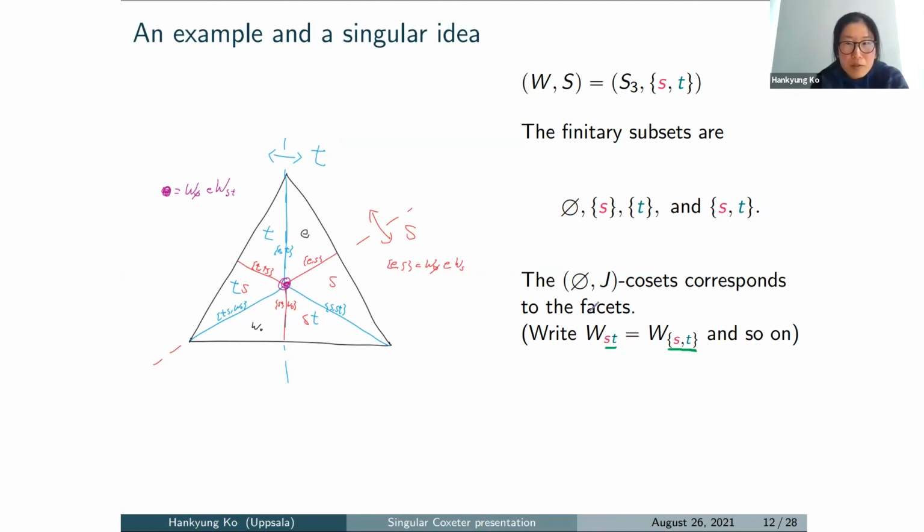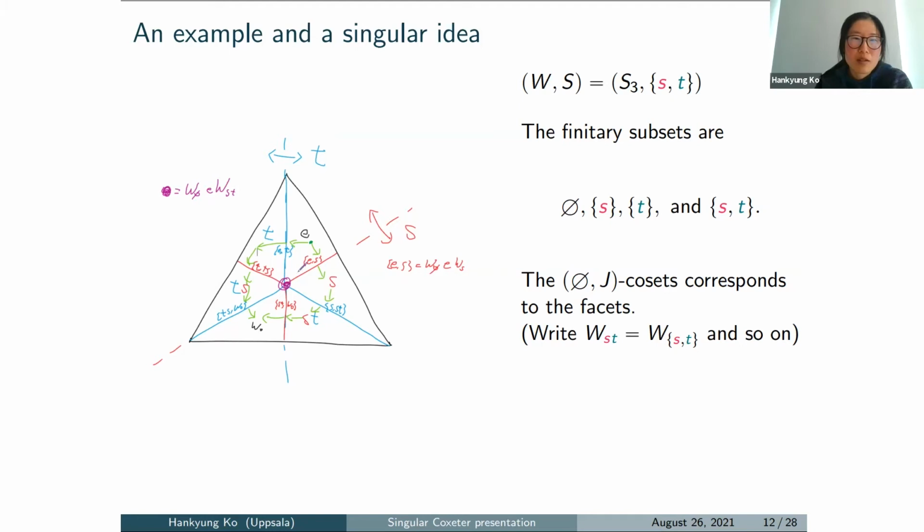So if we do this, then this is what we saw before. So you start here, and we crossed S, crossed T, and crossed S to get to STS, which was the longest element.